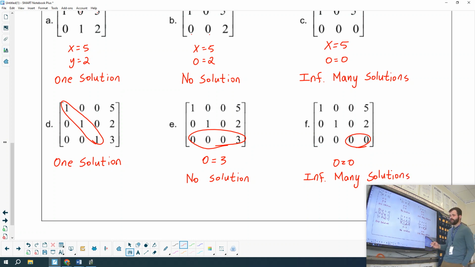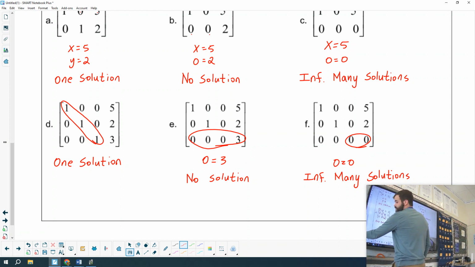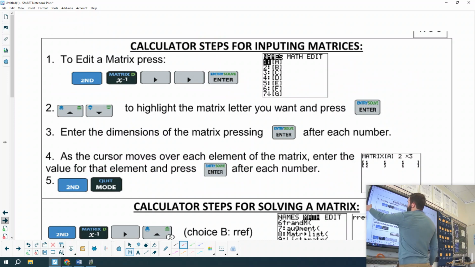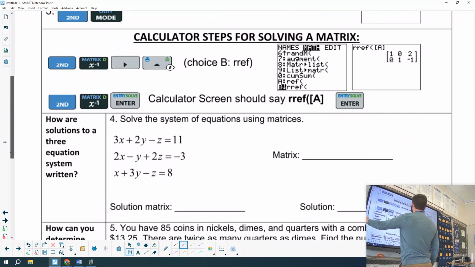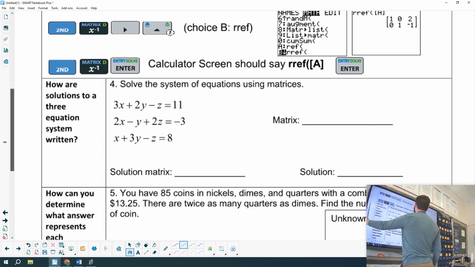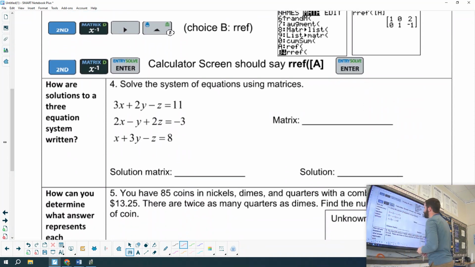All right? So, now that we know how to read our answers, let's actually use our calculator to find one. So if you turn the page with me here, you will see all of these instructions. You can pause to read, but we're going to go through it together. All right? So first we're going to write our matrix, we're going to plug it in, we're going to get a solution matrix, and then that's going to tell us what our answer is.